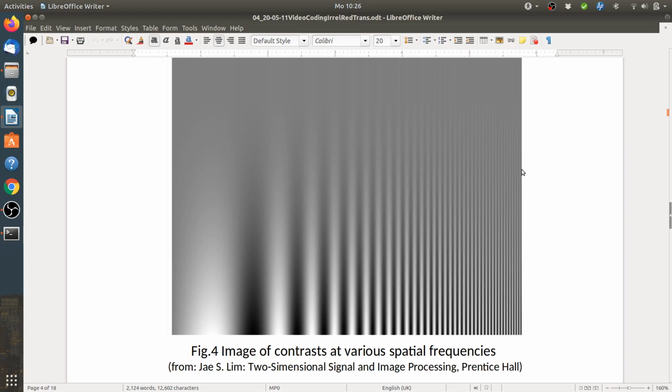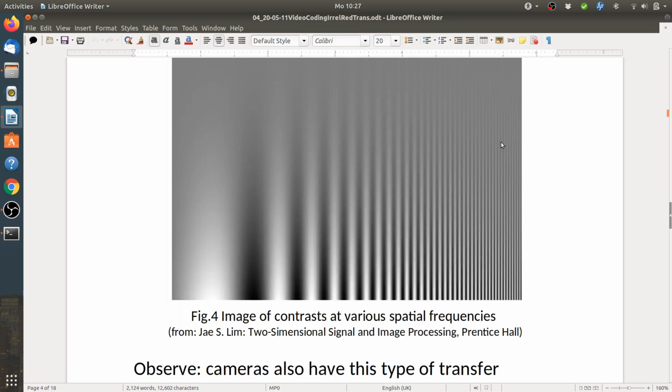This shows you that this curve depends on your eye's contrast sensitivity function. It's not really printed, it's your eye. So this is a nice test image, which actually shows you the transfer function of your eyes.